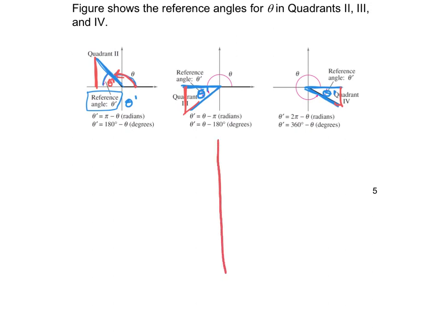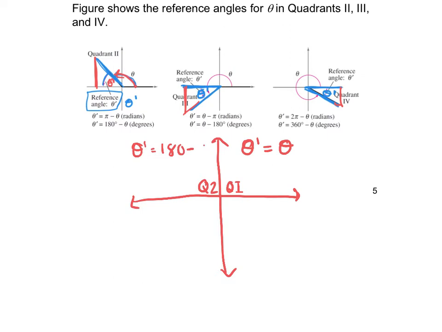To find the reference angle, in quadrant 1, our reference angle is always the same thing as theta. In quadrant 2, we find our reference angle by doing 180 minus our original theta.